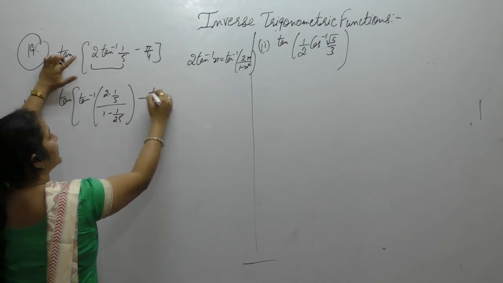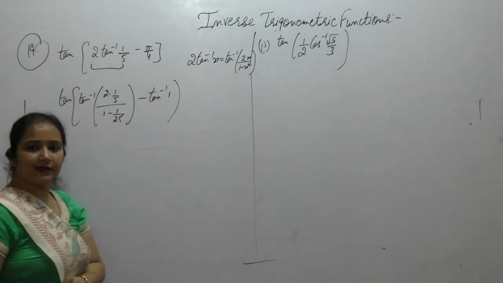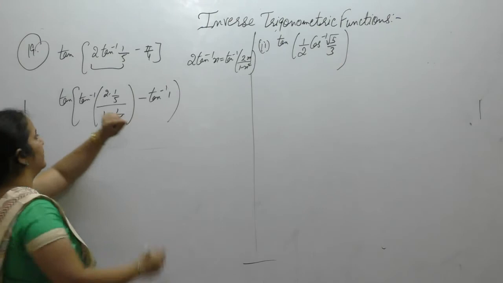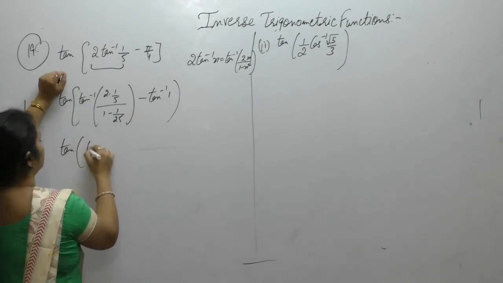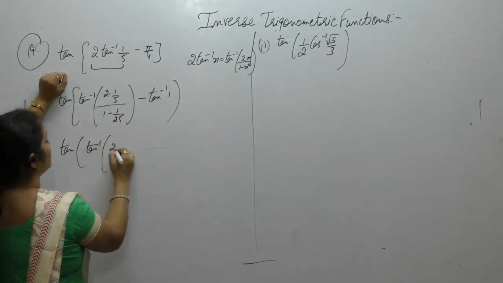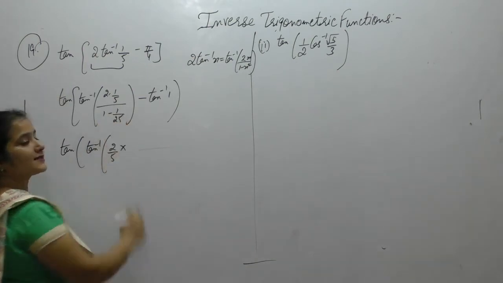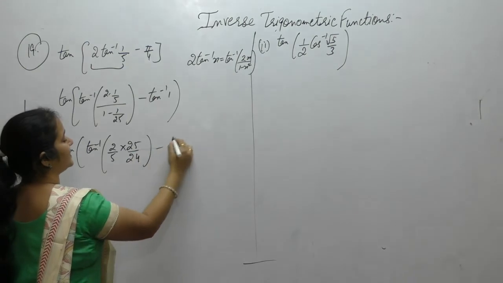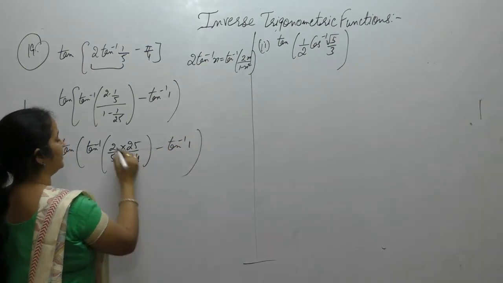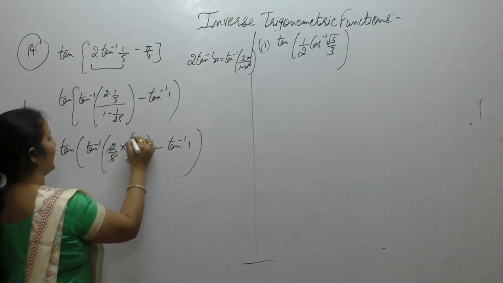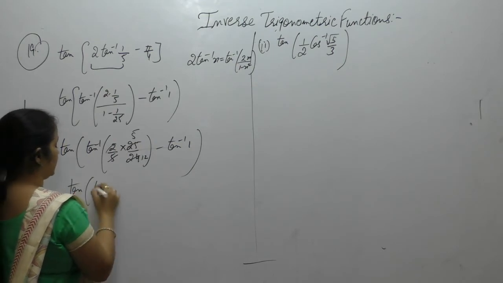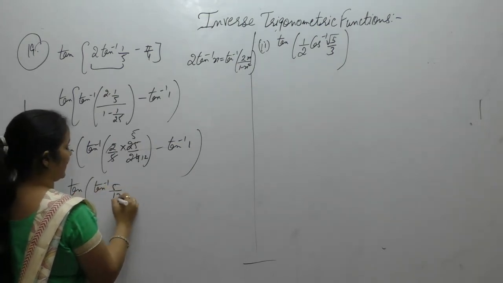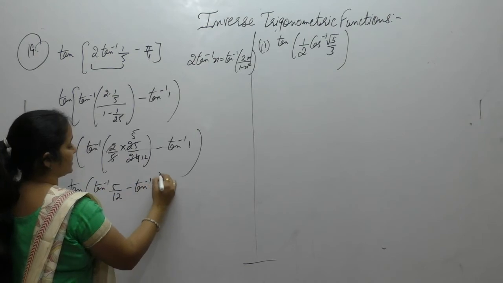π/4 is the value of tan⁻¹ 1. So tan of (tan⁻¹(2/5 upon ...) taking the LCM, 24 by 25) minus tan⁻¹ 1. So we get 5/12. Tan of tan⁻¹(5/12) minus tan⁻¹ 1.